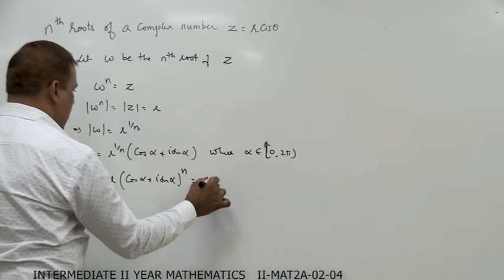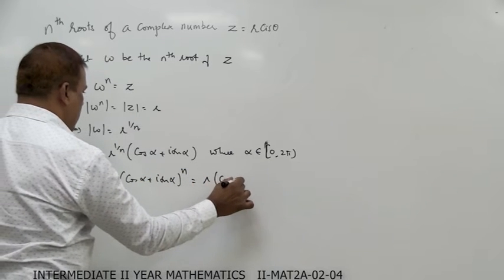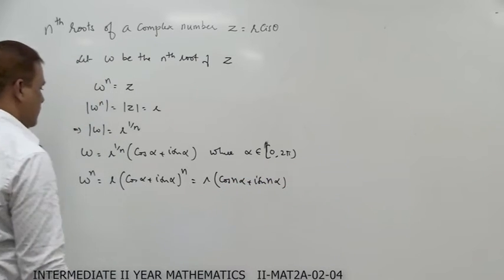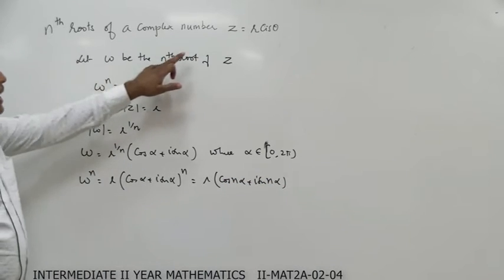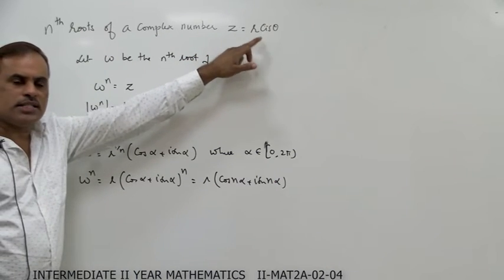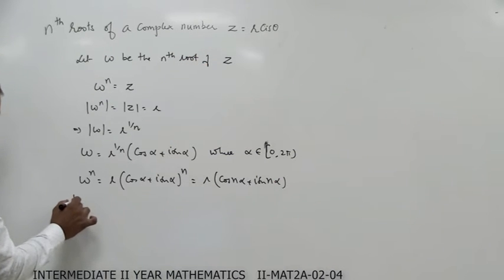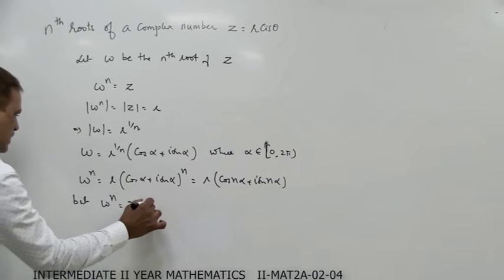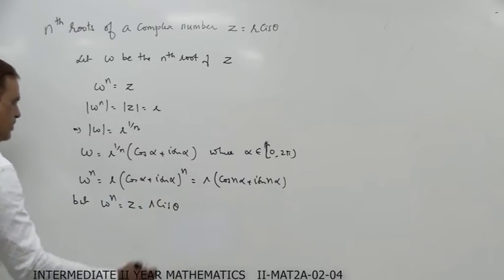This is r into (cos n alpha plus i sin n alpha). But we know omega power n is equal to z, and z is equal to r cis theta.